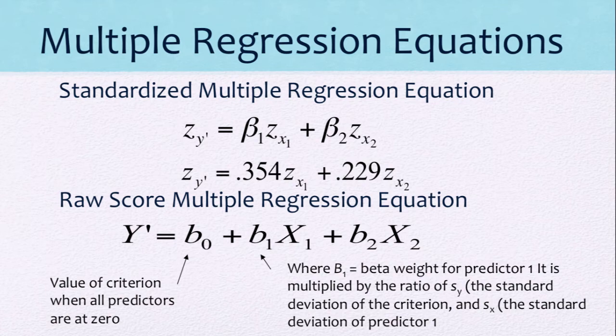Therefore, when we interpret a standardized multiple regression equation slope, we're not only saying what happens to y as x increases 1 standard deviation, we have to add that we're accounting for the effect of the other variable if we're talking about 2 predictors.